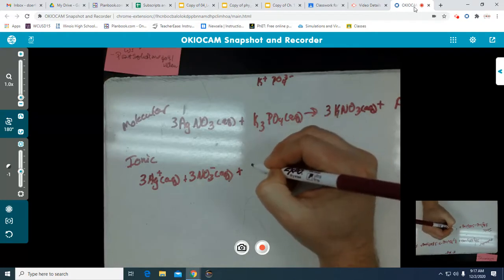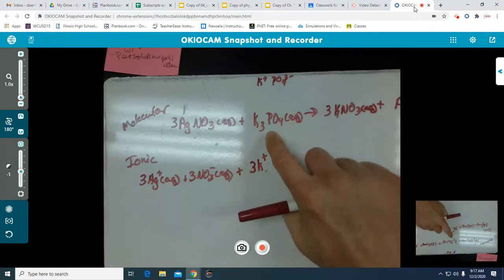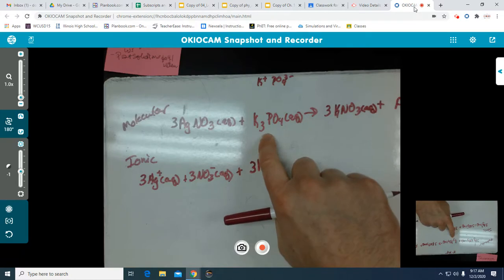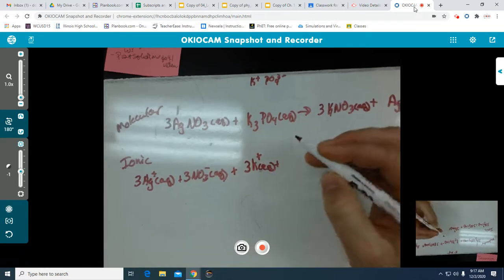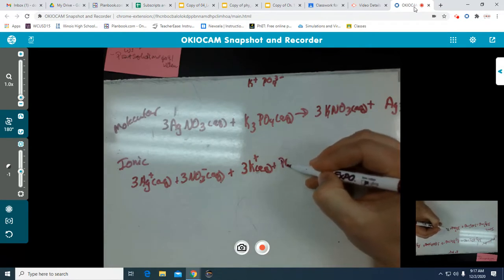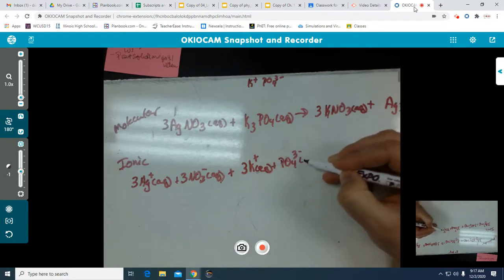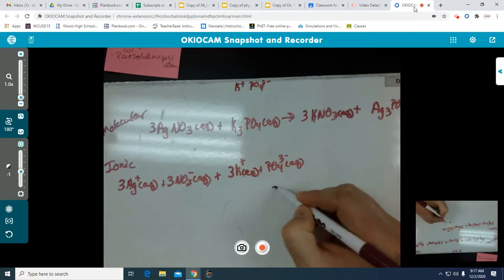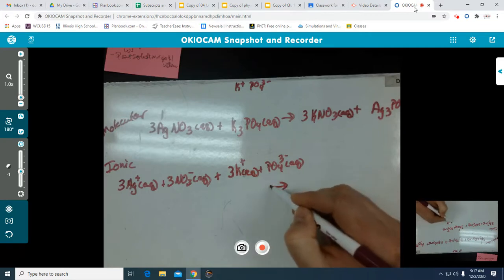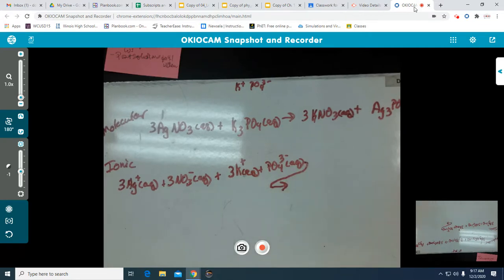Plus 3 K+, because that subscript on the K goes with it, and that's also aqueous. Plus PO4 3- aqueous. And I'm going to draw the arrow here because I'm going to run out of room.